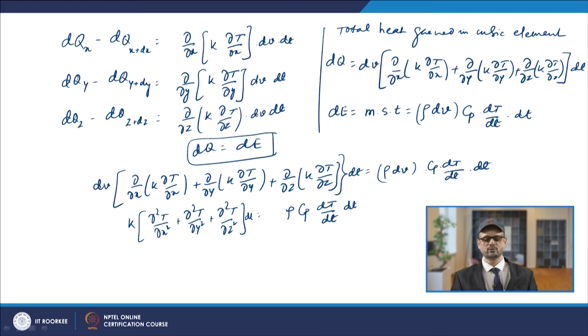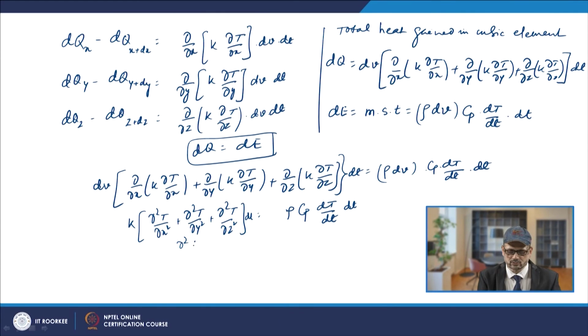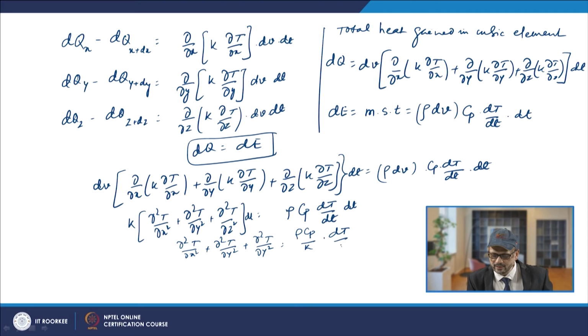Now if you talk about the condition in which there is no temperature difference with respect to time, you can write these equations as dou square T by dou x square plus dou square T by dou y square plus dou square T by dou z square, taken as rho Cp by k times dT by dt.